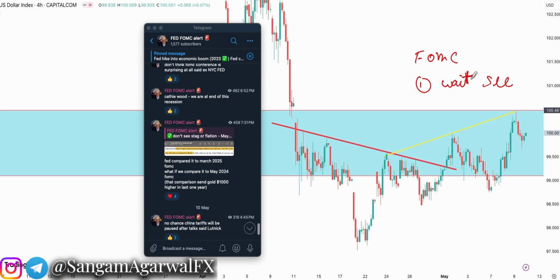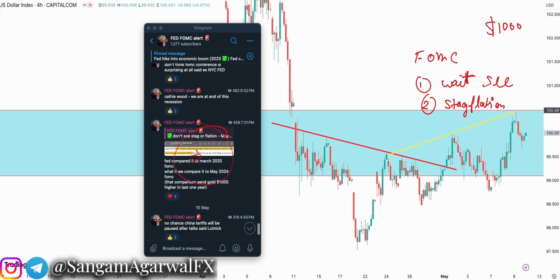So because of the wait and see language, short term hawkish, and long term, you can see in the last 1 year, during that time gold went up $1,000, because the market always knows what is right and what is wrong. So now they are predicting stagflation.